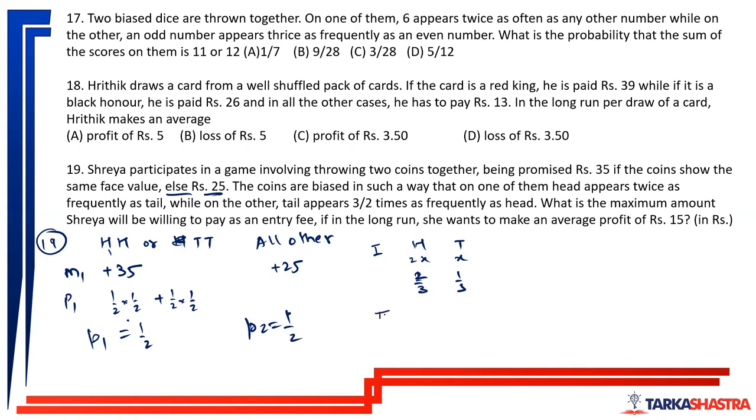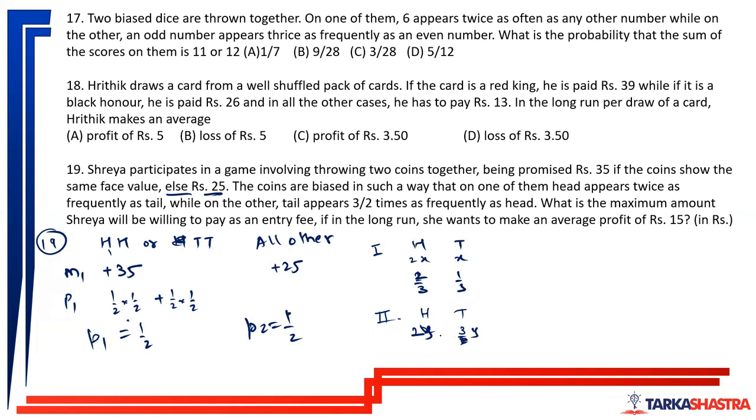And in the other one, tail appears 3 by 2 times as frequently as heads. So if heads appears y times, tails will appear 3 by 2 y times. Multiplying by 2, if heads appears 2y times, tails will appear 3y times.